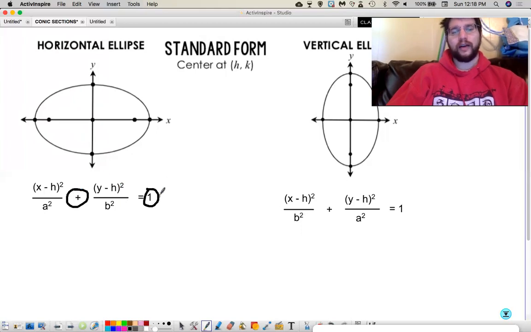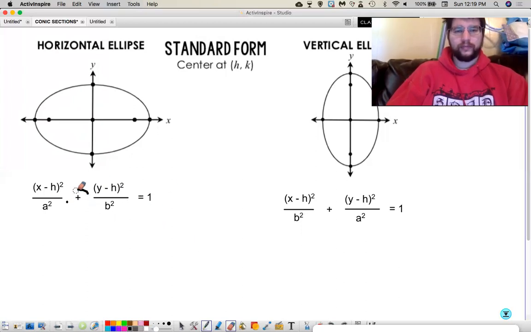And if this is not 1, well, make it 1. Divide through by whatever this is, and then you'll have your standard form. So this a and this b can get pretty nasty. But that's our standard forms. Horizontal ellipse, a is on the bottom of x. Vertical ellipse, a is on the bottom of y.